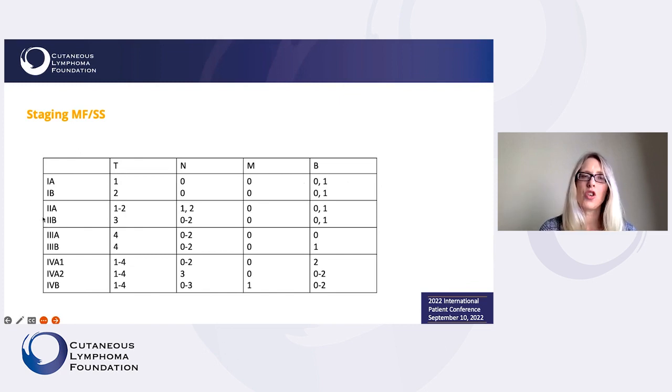The stage 2B are people who have tumors. The stage 3 are people who have erythroderma. And the stage 4 are patients who either have a lot of blood involvement, who have lymph node involvement, or who have metastases.